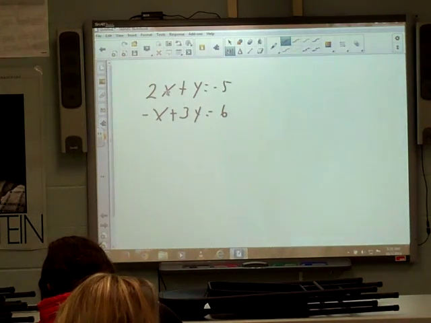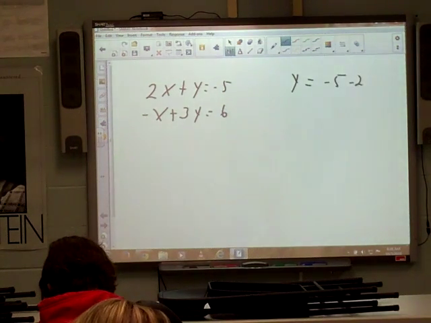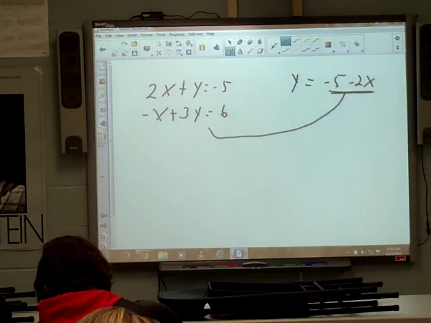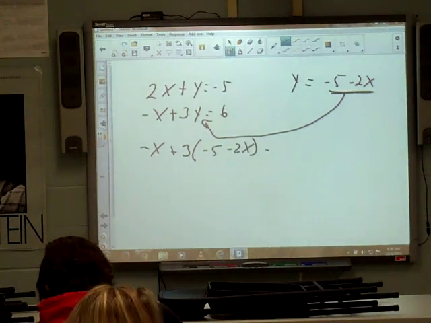So you subtracted the 2x. So you'd have y equals negative 5 minus 2x. If that's what y is, I gotta plug that in the y spot on the other equation. So negative x plus 3 times negative 5 minus 2x equals 6.